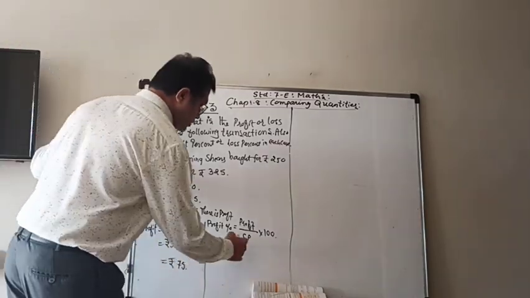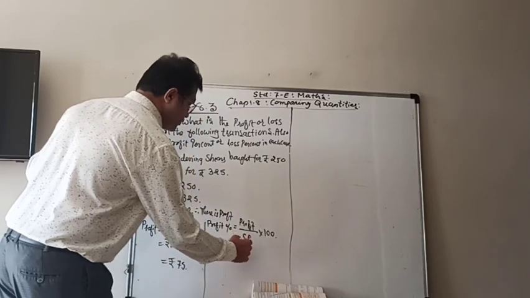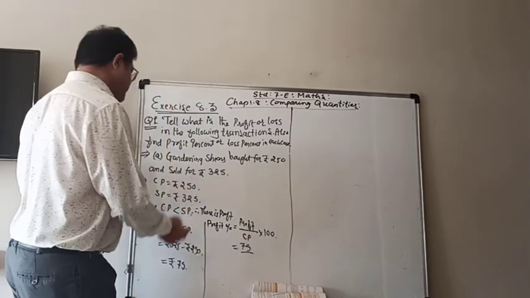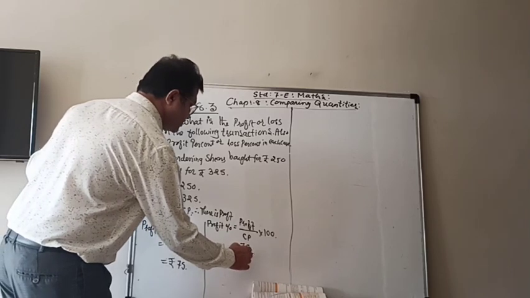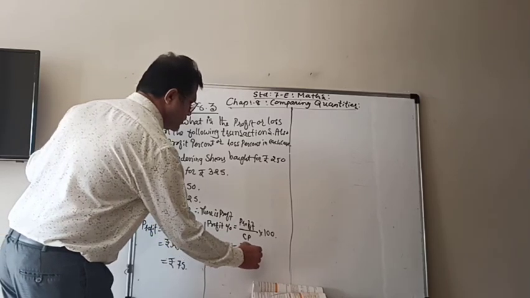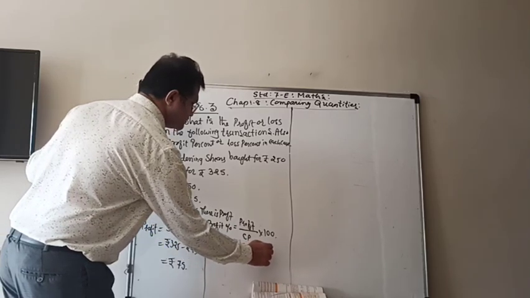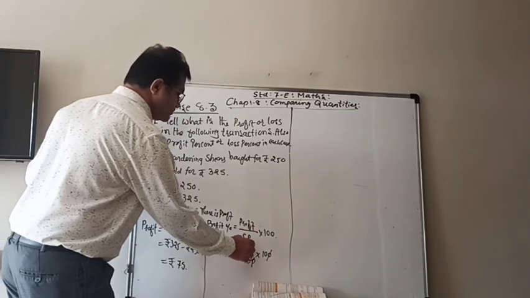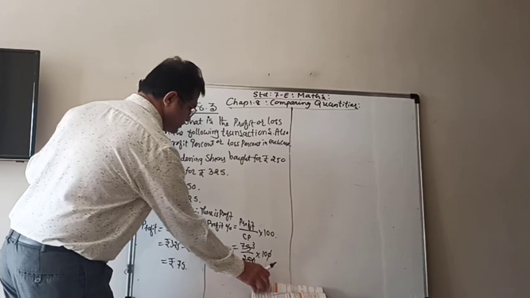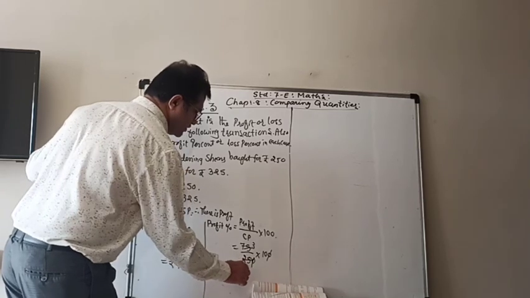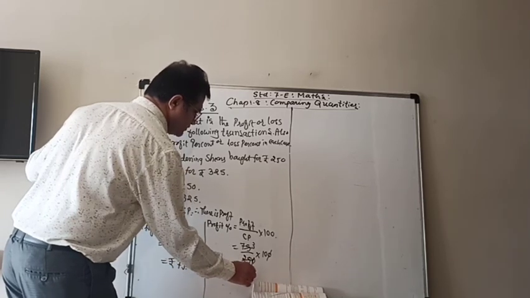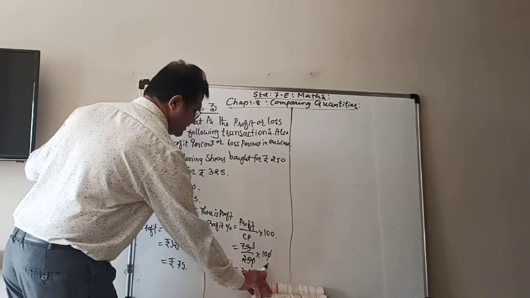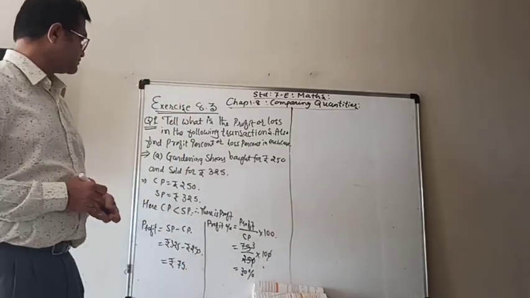So now profit is 75 rupees, CP is 250, multiplied by 100. Zeros are cancelled. 25 3s are 75. So 10 3s are 30. So that is 30%. So your profit is 30%.